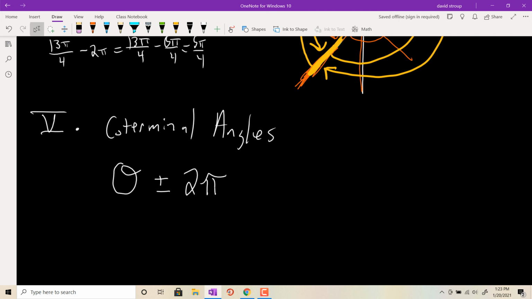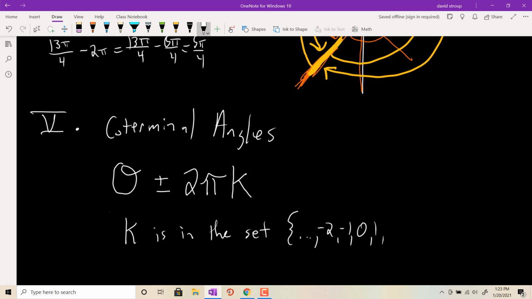The way to say multiples of 2 pi is to put this extra constant in here, this k. And we assume that k is a counting number or a negative counting number, what they call integers. Okay, so k is in the set of integers, which is dot, dot, dot, -2, -1, 0, 1, 2, 3, dot, dot, dot.